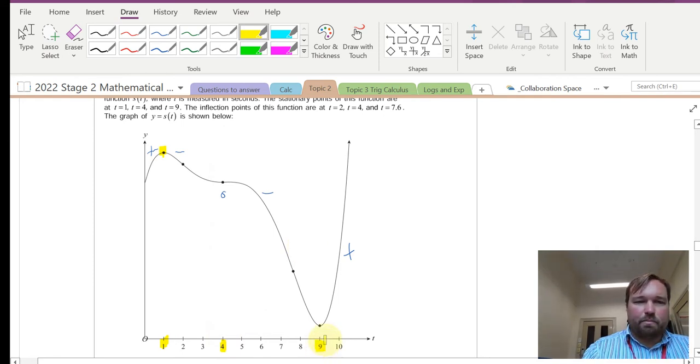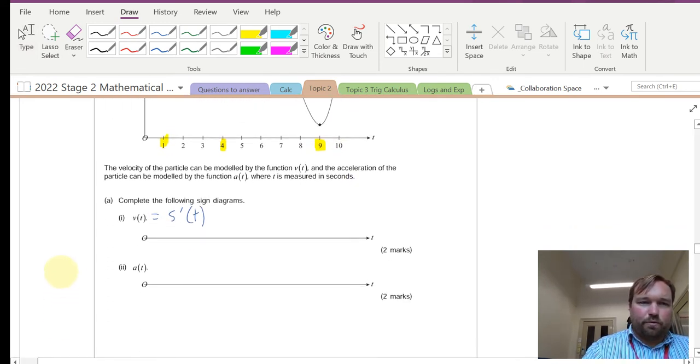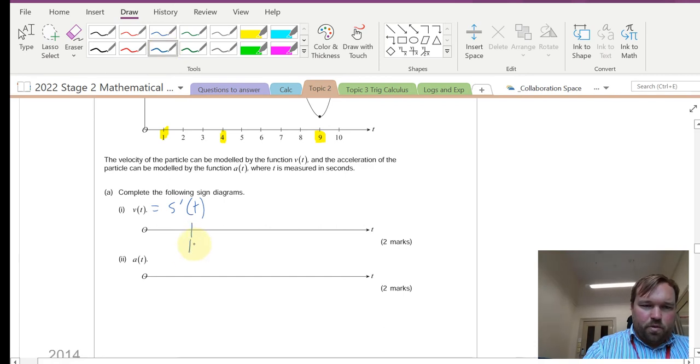And it's going to go positive, negative, negative, positive.